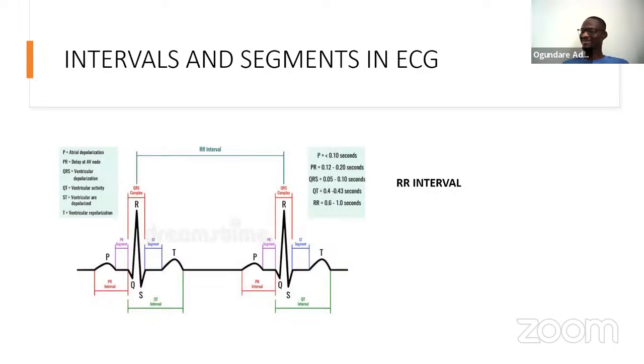Applaud me. That's absolutely fantastic. Well done. That's quite impressive. So ST segment is the isoelectric line from the end of ventricular depolarization to the onset of ventricular repolarization. You can't have it more than that. That's perfect. Very well done.